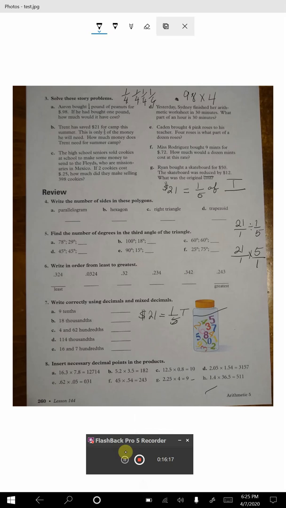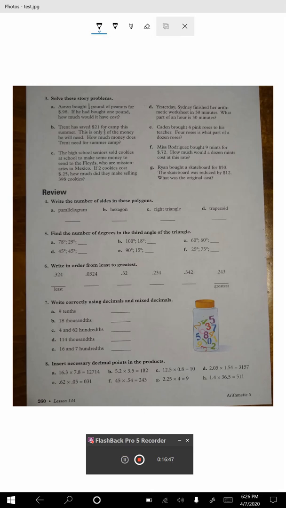And what I would do is I would flip that 1/5 and make it 5/1 in order to get rid of it. So I'm left with just t. Then I would do $21 times 5/1, which is just 5. And you're doing the same thing up here as you're doing in the way we set it up. So there's like 3 different ways you could do these, and all 3 ways will get you the correct answer as long as you do your math right.